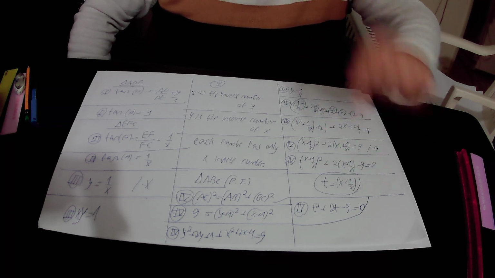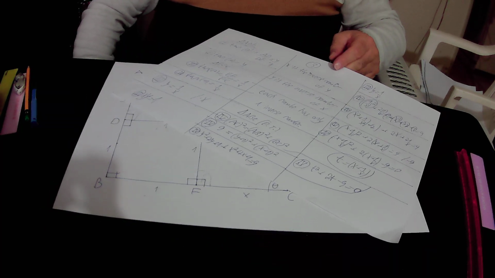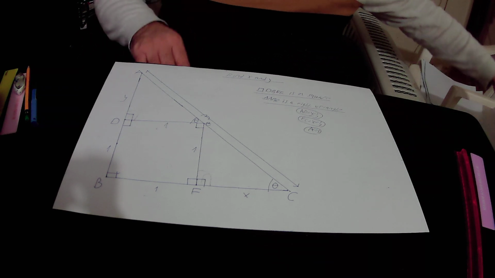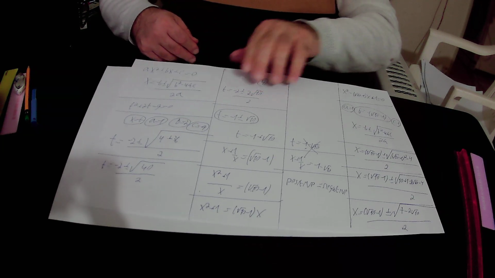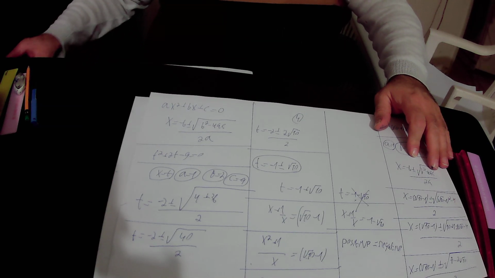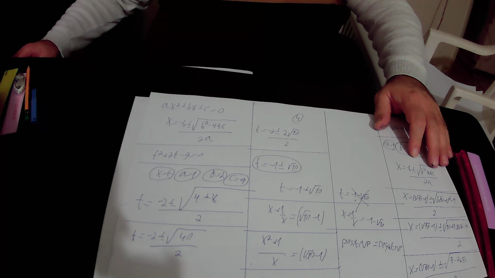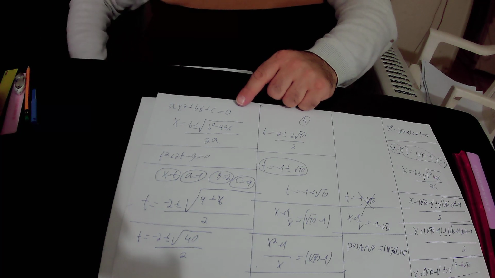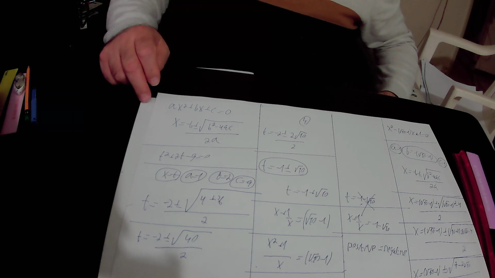So we got here a quadratic equation where t is the missing variable, and the general formula for a quadratic equation is ax squared plus bx plus c equals to 0, and a, b, and c in this quadratic equation are the coefficients of the quadratic equation, and x is the variable that we are looking for, and we will find out the value of x according to a special formula for x.